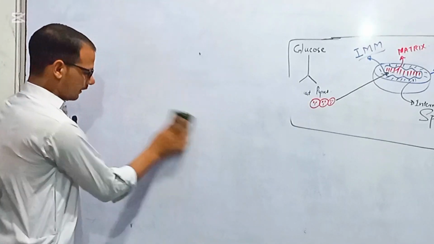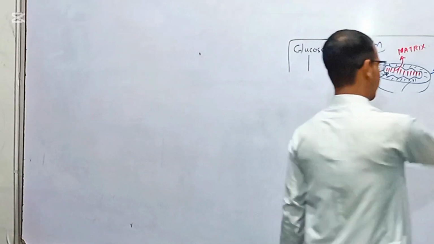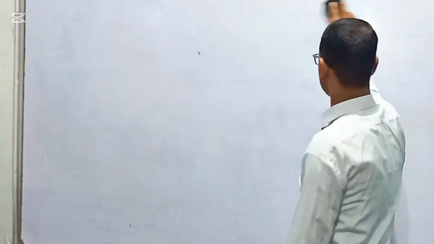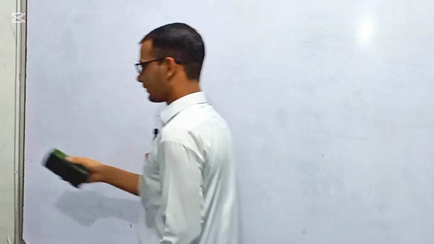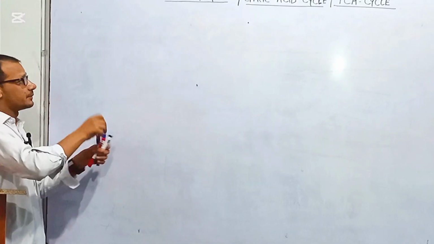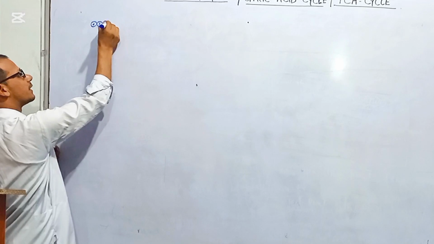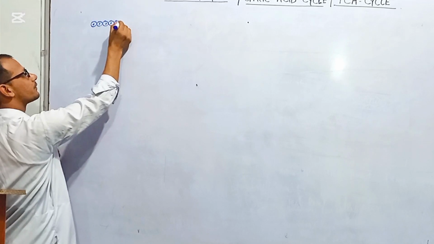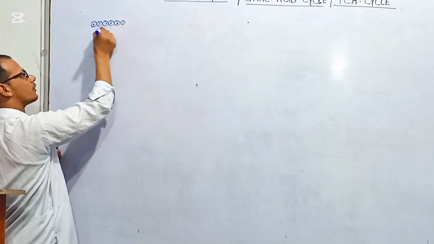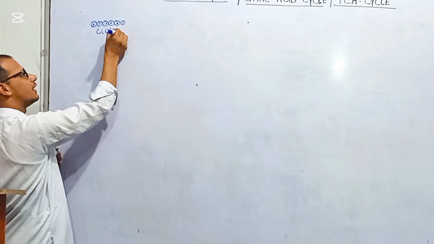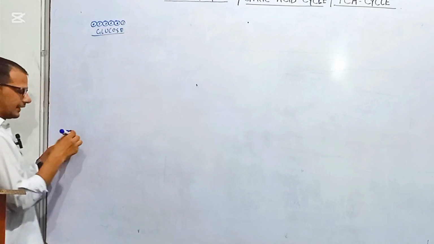Now the process we discussed last time is glycolysis. We will quickly review this process. For example, we have a 6 carbon compound which is called glucose, right?